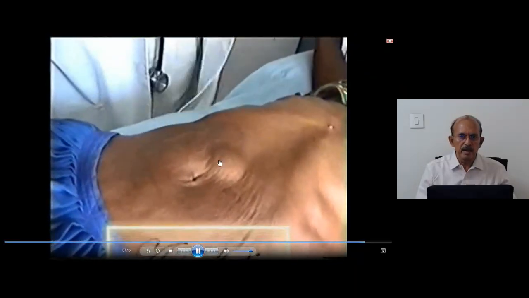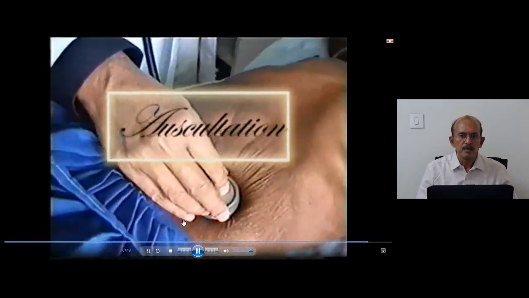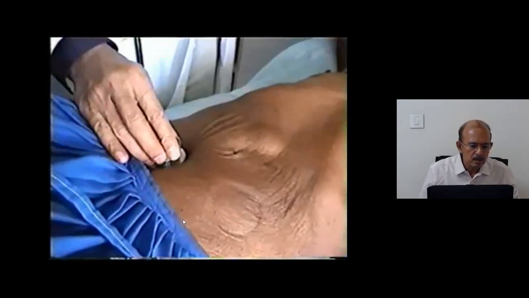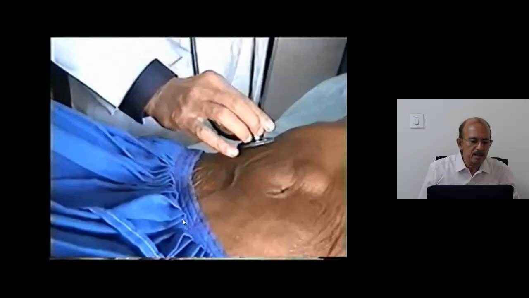So it is a localized lump of the liver. That is why it is only there on the right side. Yes, the other lump was identified during the palpation.